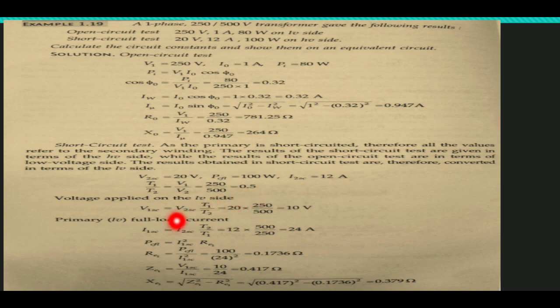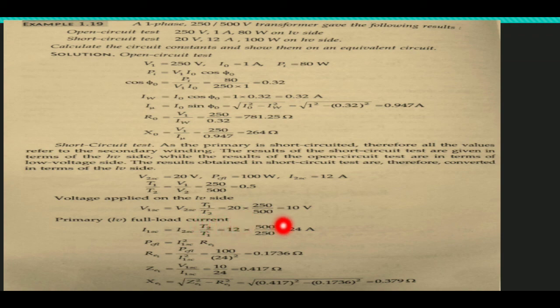So the voltage applied on the LV side, V1SC, equals V2SC into T1 by T2, that is 10 volt.